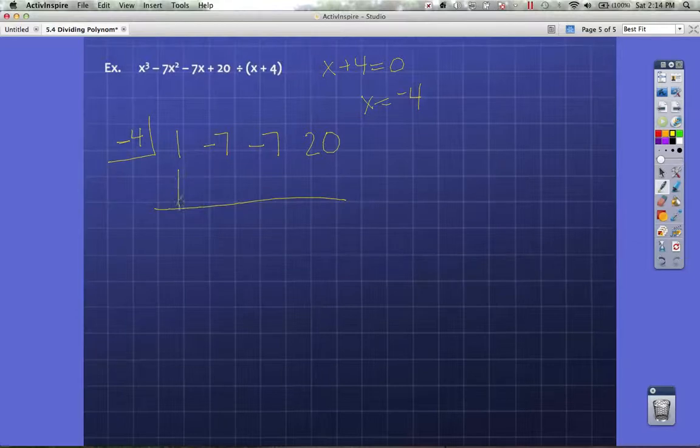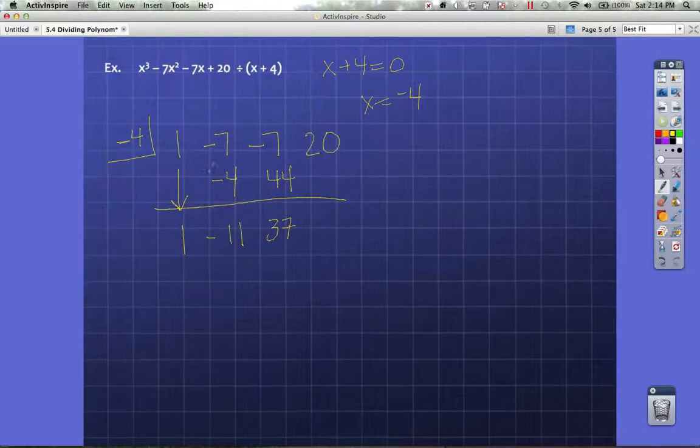You're going to bring down your first term, okay, and then you start multiplying. -4 times 1 is a -4, and now we add -7 plus a -4 is a -11. Then we multiply. -4 times a -11 is positive 44, and then we add, and we should get 37.